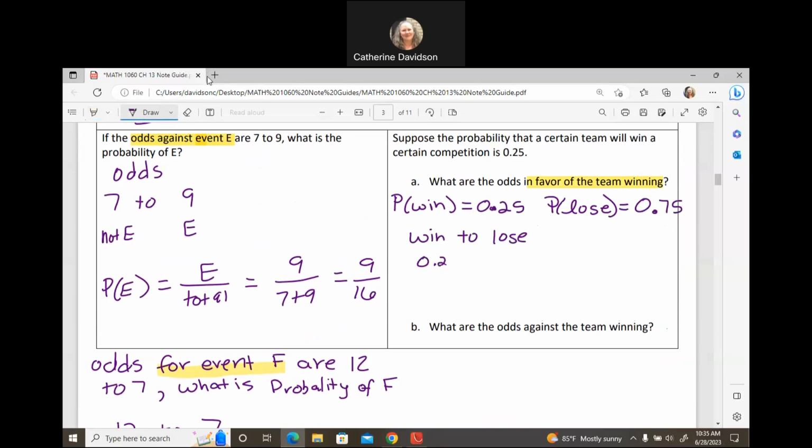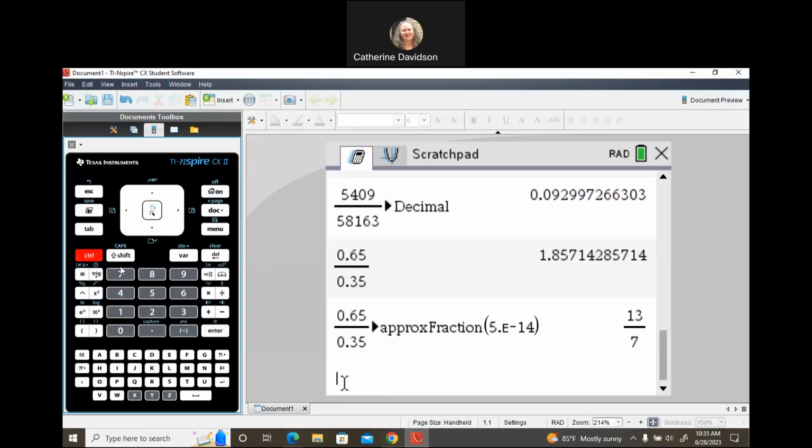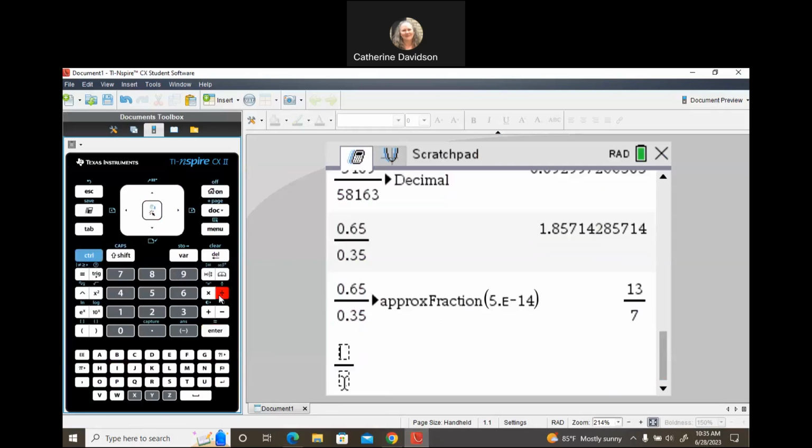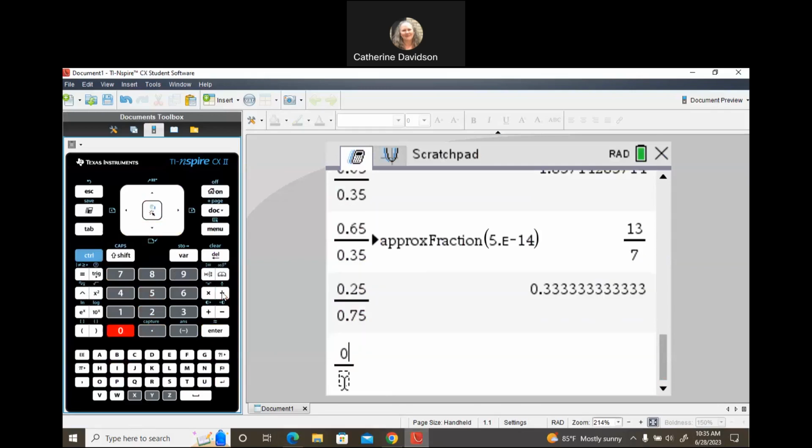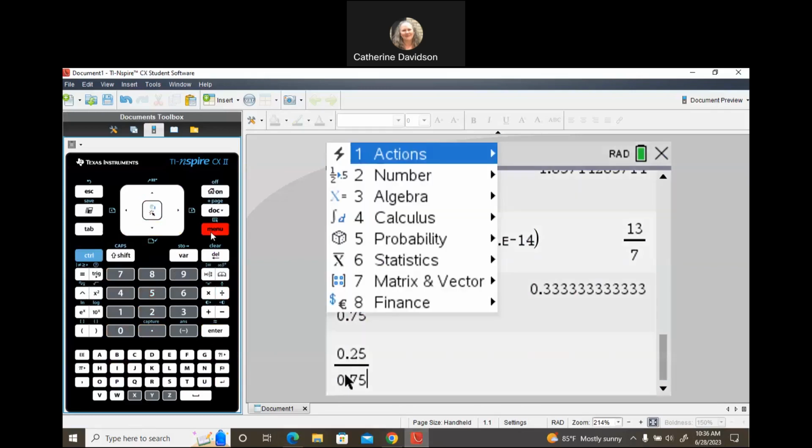So that's 0.25 to 0.75. And again, what we want is on top. And you can put that in your calculator. So let's do that, just so we have a little extra practice. All right, it is not giving me the menu.